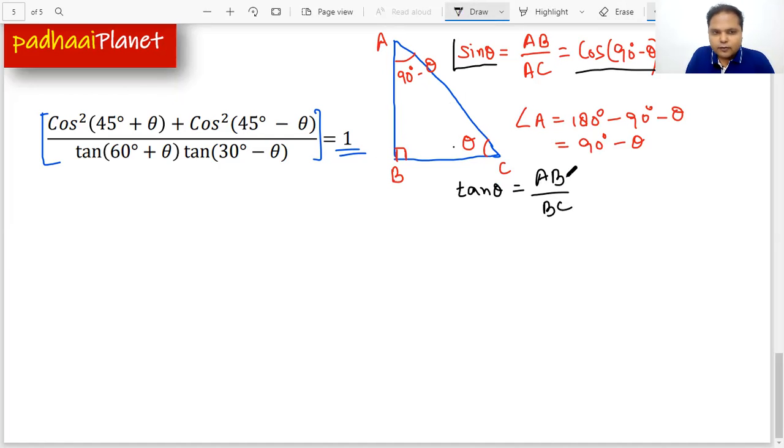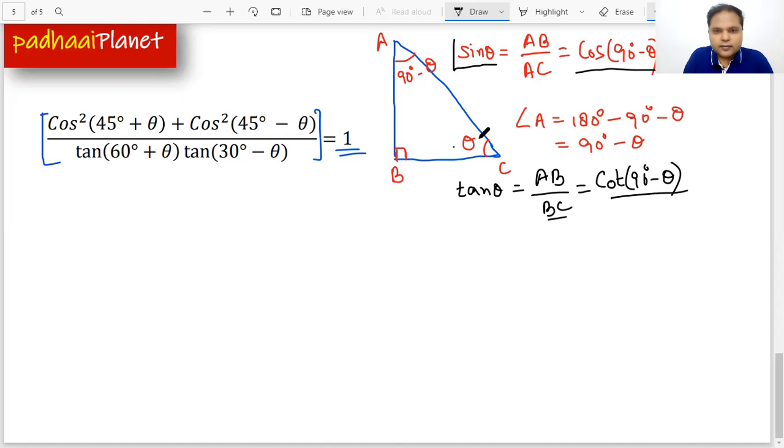If we carefully look at AB over BC, it is basically opposite over adjacent. But in case of cot, it is adjacent over opposite. So we can always write that tan theta is equal to cot 90 degree minus theta.